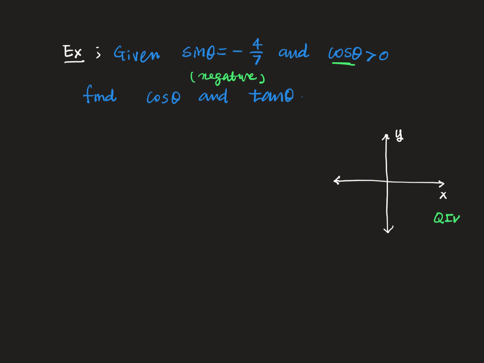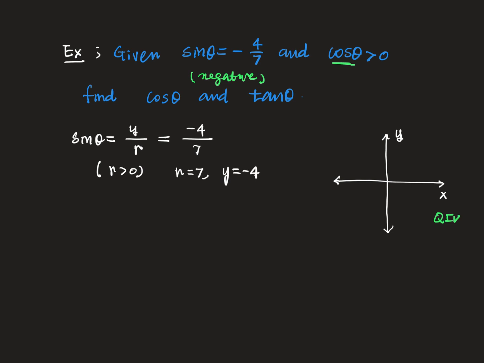So let's see. Sine theta definition on the coordinate plane, for a general angle, is y over r. Very important information: r is always positive. So this one is negative 4 over 7. So you have r is 7, y is negative, so you find y value is negative 4.